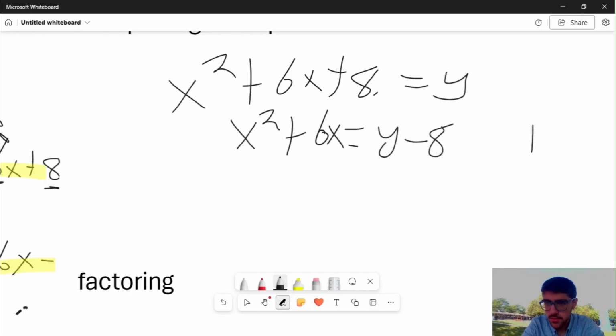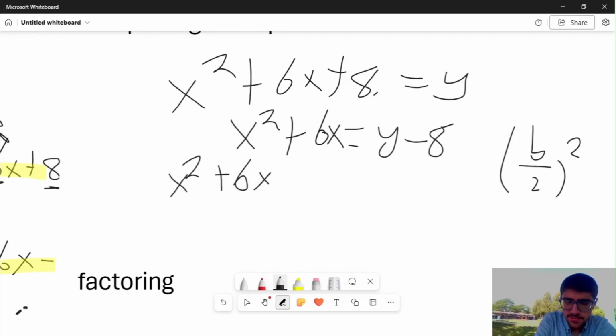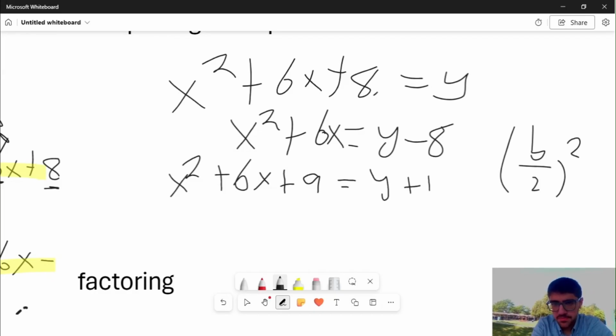So you take b over 2 squared, divide by 2 and square it, and you will get our new term. 6 divided by 2 is 3, 3 squared is 9, so I'm going to add 9 to this side, and whatever I do to this side, that's the most common mistake with completing the square. You forget to add the thing you add on this side to the other side, so negative 8 plus 9, I'm left with y plus 1.